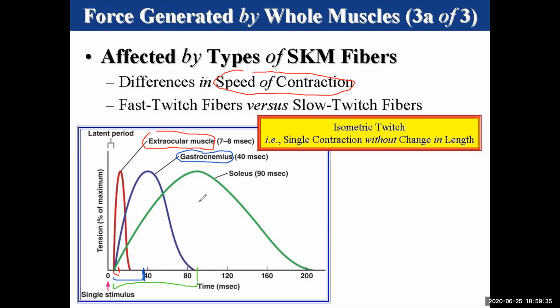It takes much more time to get to maximal tension. So the type of fiber the muscle contains dictates how quickly the whole muscle as an organ can generate maximal tension.